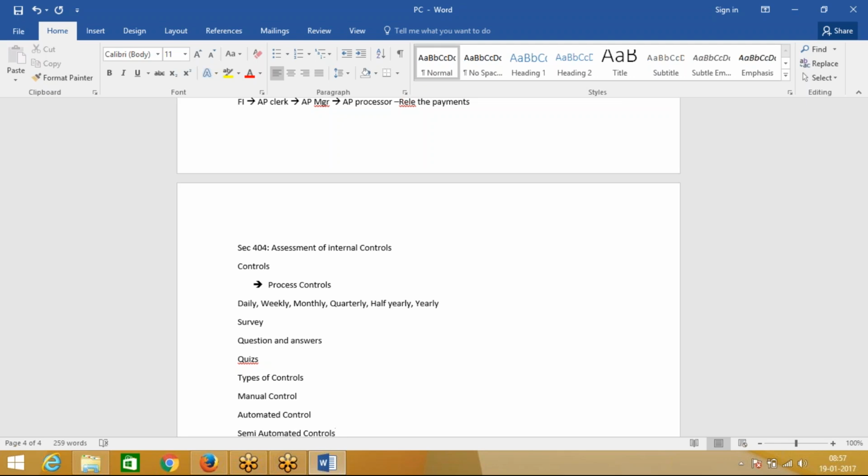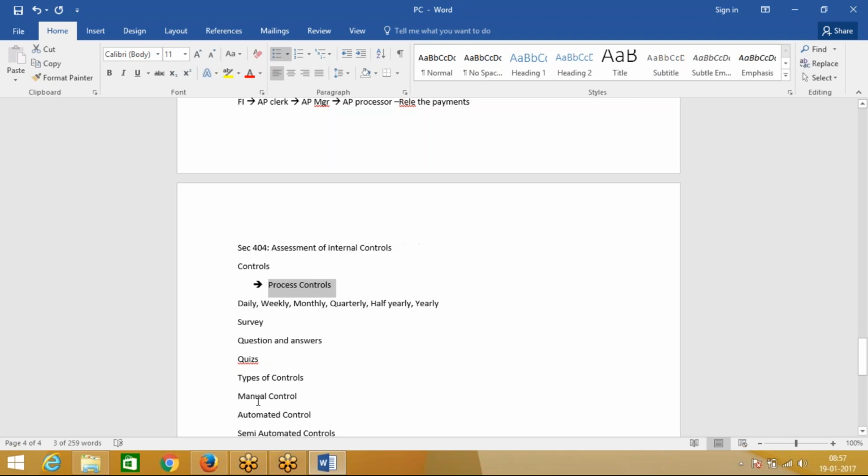I'll try to explain how these controls work and what the difference is between them, just to understand what types of controls there are: manual, automated, and semi-automated. I told you that by using these process controls, we are assessing the organization.